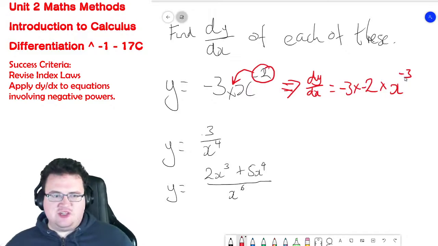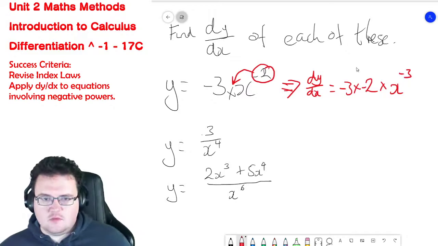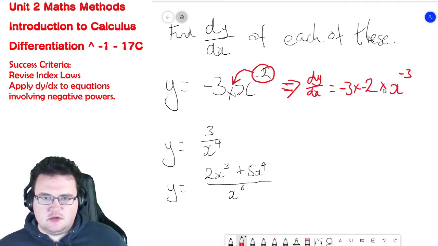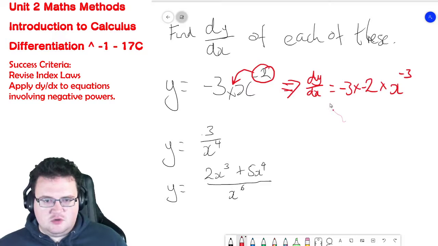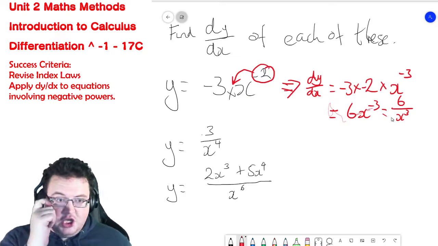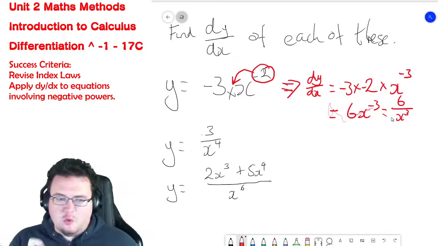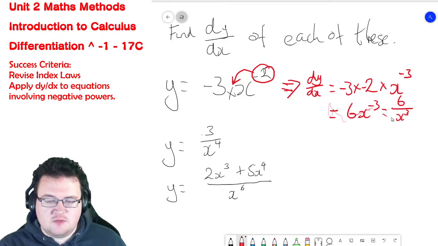All right, so the power is decreasing when you're involving the negative powers, which means that dy dx is going to be equal to 6x to the -3, or 6 on x cubed. Generally, when we are writing these, we want to express everything using positive powers where possible.